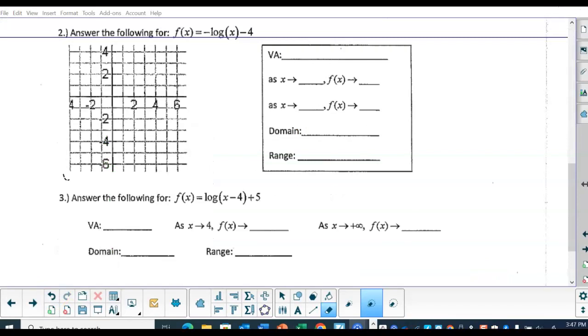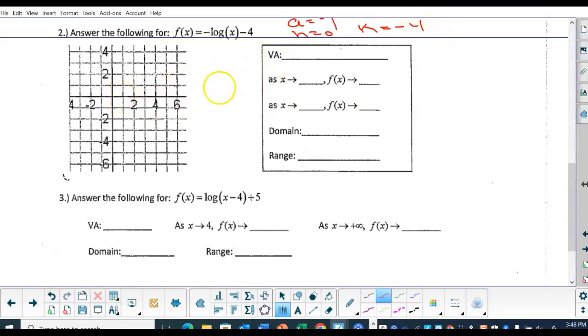Now look at this function, and we have to figure out what A, H, K are. A is equal to negative 1. H is 0. And we know K is equal to negative 4, so we're going to shift down 4.